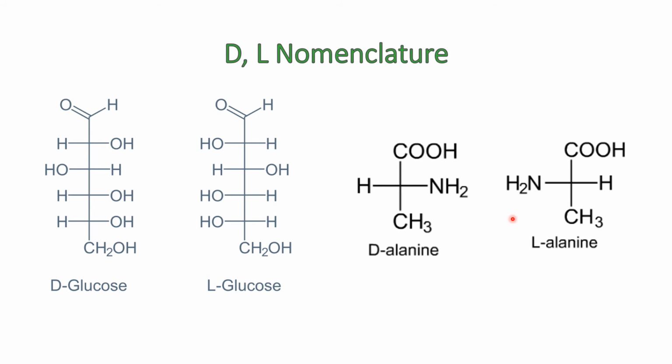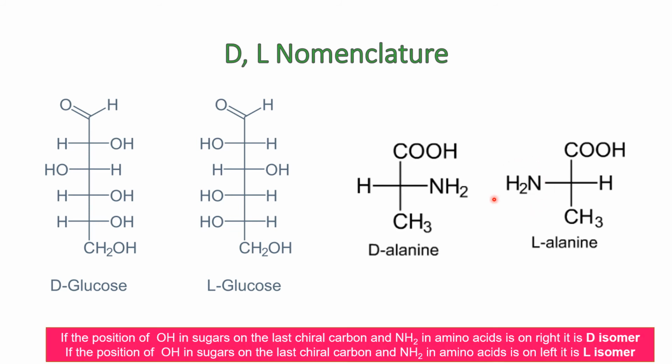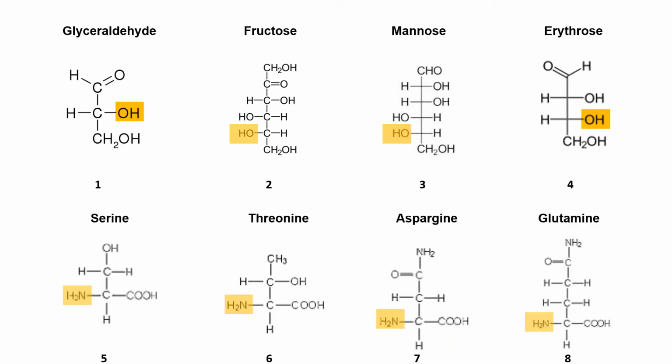If it is attached on the left hand side, it is called L. So the position of OH on the last carbon atom is considered in sugars, and the position of the amino group is considered in amino acids. In both cases, if the OH as well as this NH2 is on the right hand side, make it capital D. Whereas if they are on the left hand side, make it capital L.